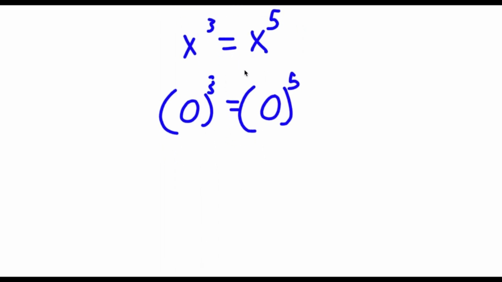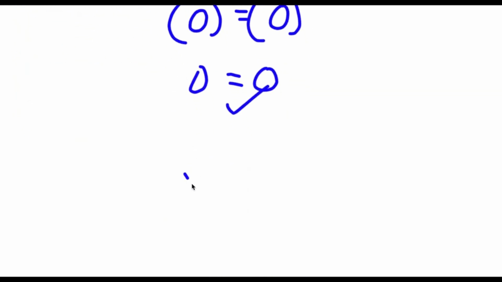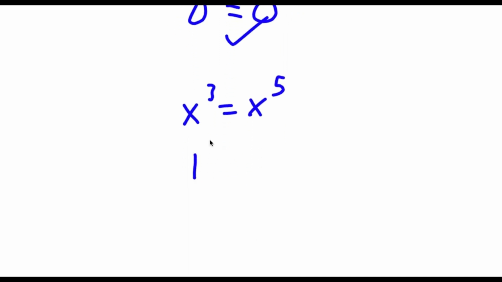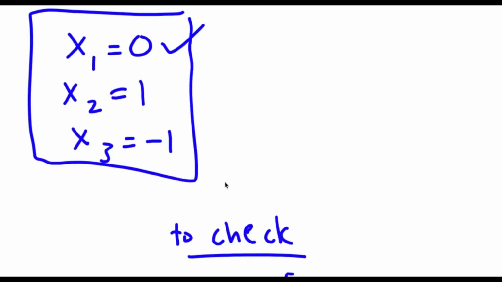Now 0 to the power of 3 is the same thing as 0, and 0 to the power of 5 is the same thing as 0. So 0 works. Now let's try 1. I have x to the power of 3 is equal to x to the power of 5. Now if x is equal to 1, I have 1 to the power of 3 is equal to 1 to the power of 5. 1 to the power of 3 is 1, and 1 to the power of 5 is 1. So this works as well.